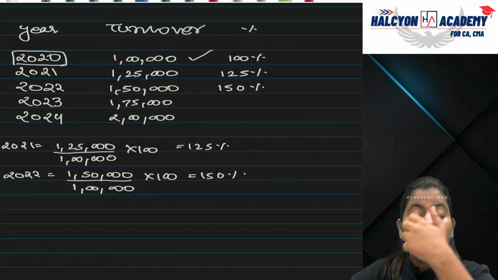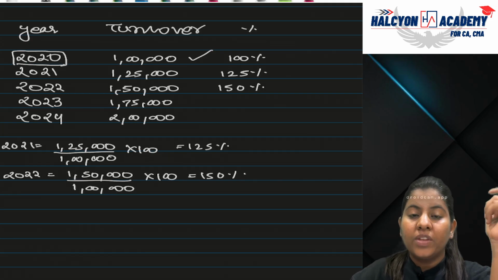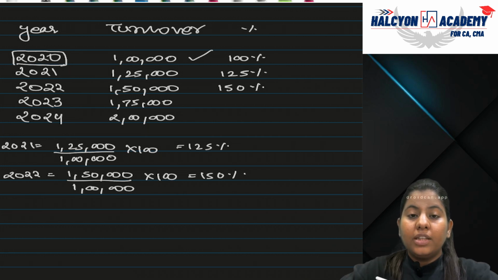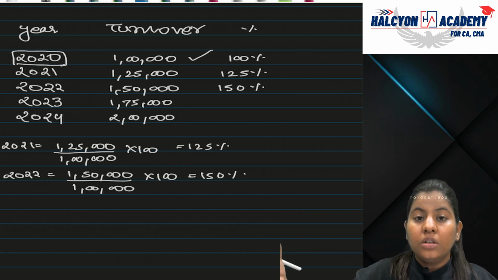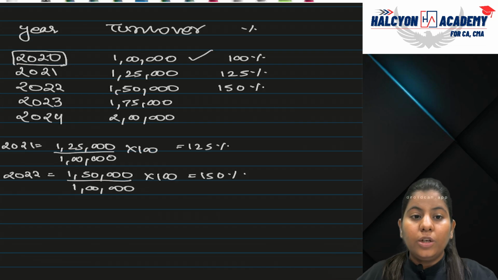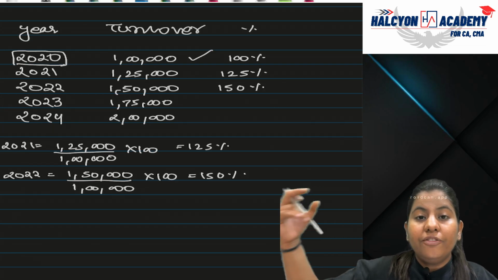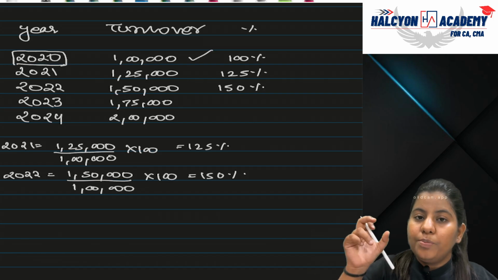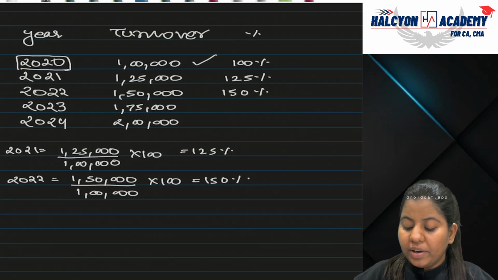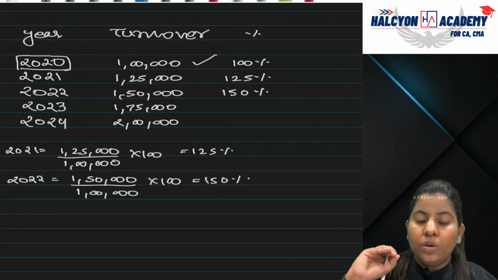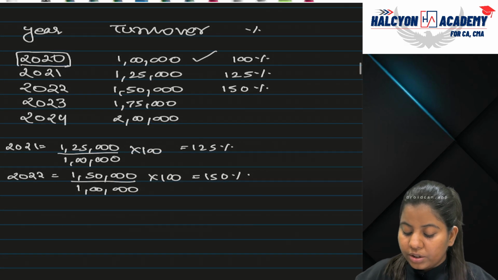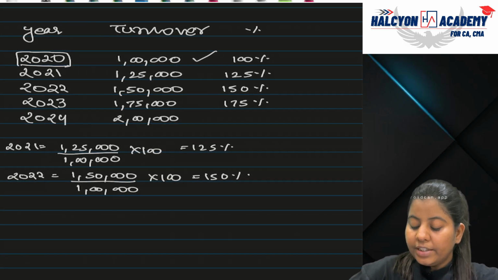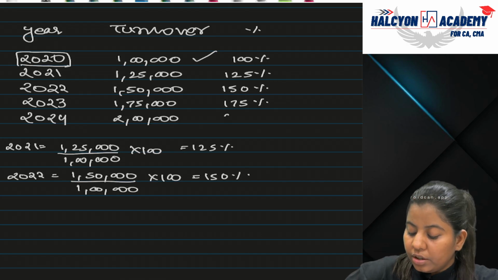So we compare with 2020 because we have taken 2020 as base. We are watching how much turnover has grown in 5 years, from 2020 to 2024. Then in 2023, it will be 175%, and in 2024, it will be 200%.